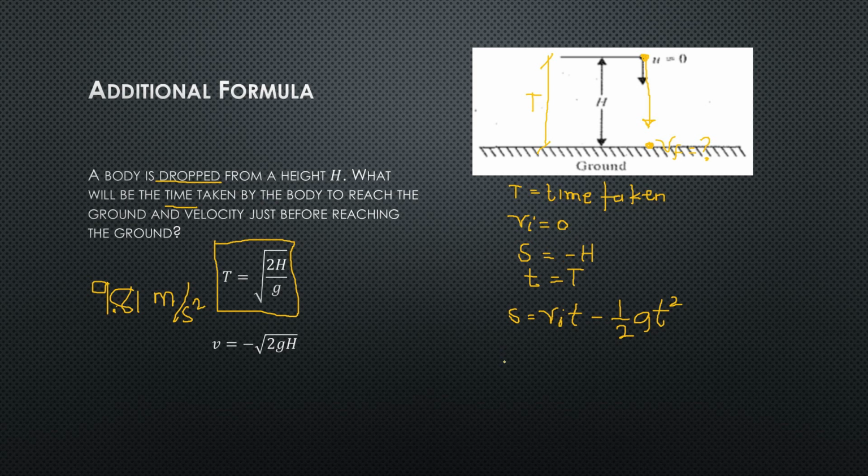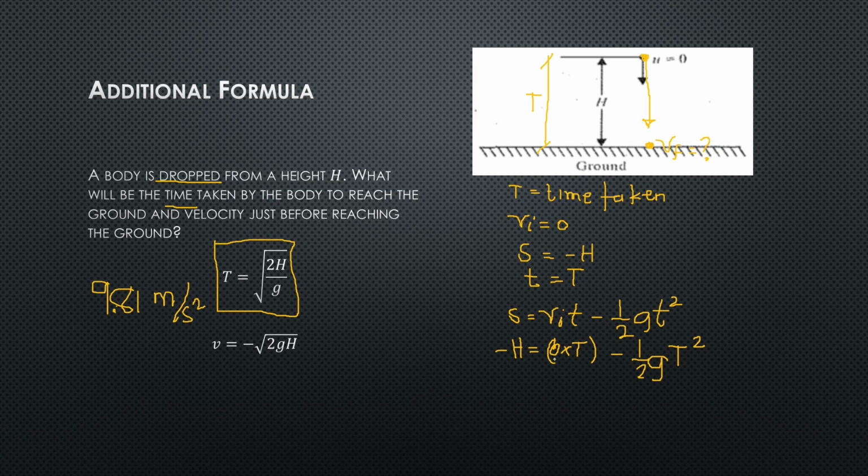S is negative h, will be equal to initial velocity is 0, then multiply by time taken, okay, then minus 1/2 acceleration due to gravity times t squared. Okay, t is taken as time taken.